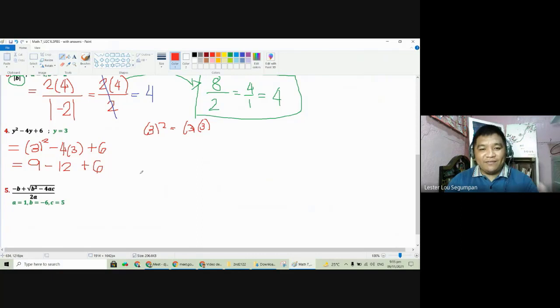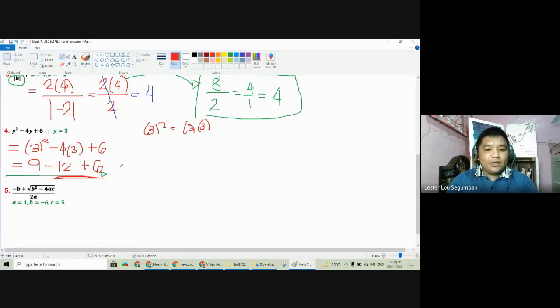MDAS. I would like to emphasize, do not add this first because you might say A is written first before S, so I would add first before subtract. No, MDAS, specifically AS, is the process when there are no other operations aside from addition and subtraction, you start from left to right, strictly left to right.